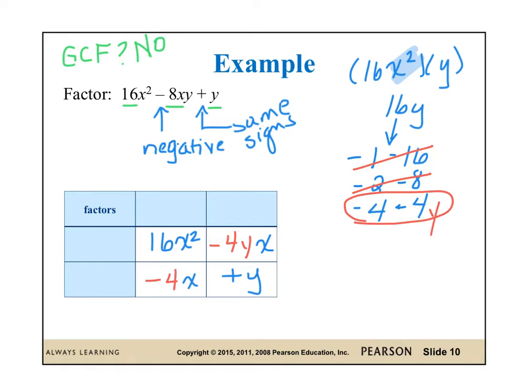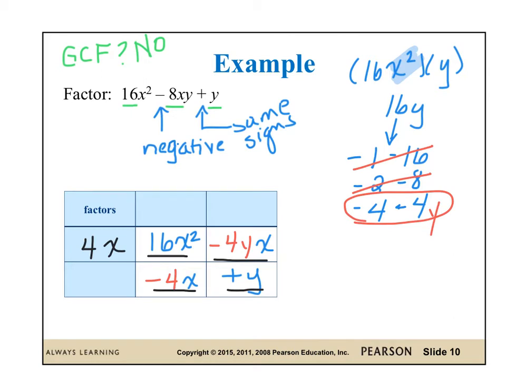So now we need to look for our greatest common factors in all directions. 16x squared, negative 4xy, well, there's an x in both of them. And 4 goes into 16 4 times. Same thing on the second row. Negative 4x plus y, well, they have nothing in common.